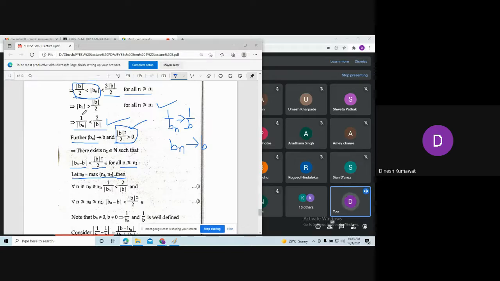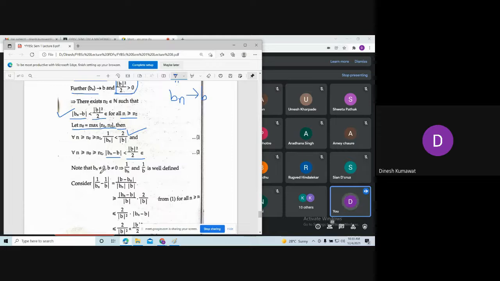Then using the first one we are having 1 upon mod Bn is strictly less than 2 upon mod B. This is using the first condition. And using this second condition, we are having mod of Bn minus B is less than blank number. Right now we don't know what it is. That's why I am calling it a blank number which we are going to fill at the end. Now note that Bn is non-zero and B is non-zero.